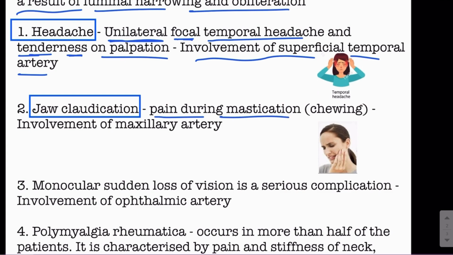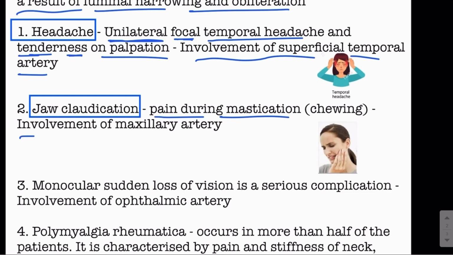So as I told you, there's luminal narrowing, and when there is increased work, there's no increase in the blood supply. For example, when the person is masticating or chewing, the blood flow should increase to the jaw, to the temporomandibular joint, but the blood flow does not increase due to the luminal narrowing, and this causes pain during the mastication, that is known as jaw claudication.